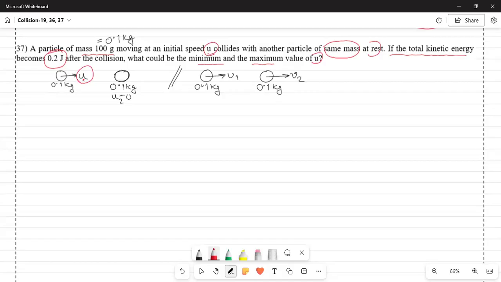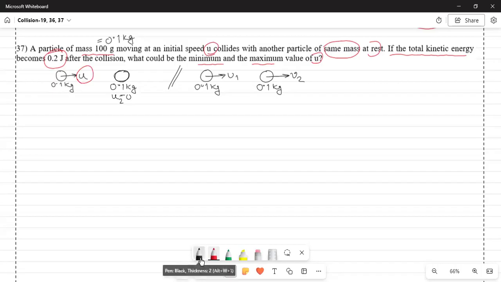What could be the minimum value of initial velocity u of the first body so that the loss of energy is 0.2 J? And what could be the maximum value of u so that the loss of energy is 0.2 J?